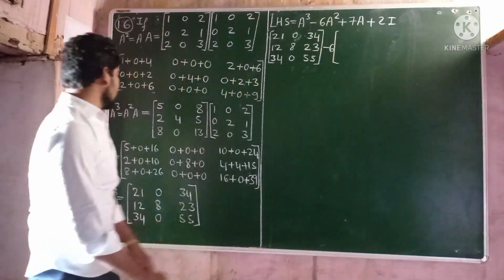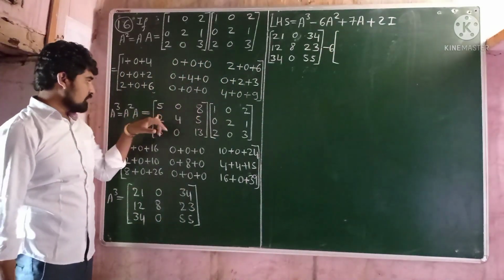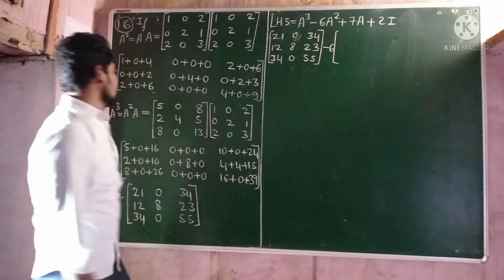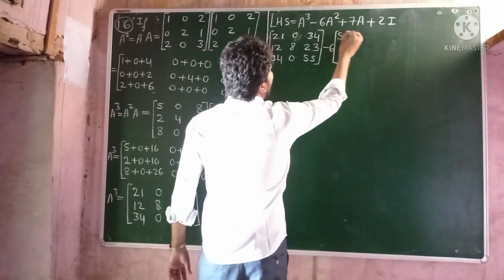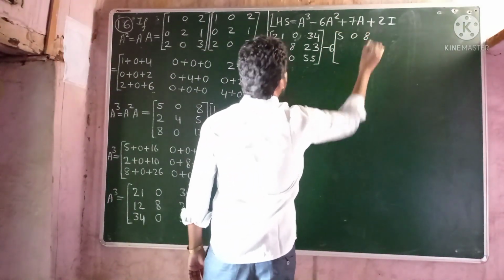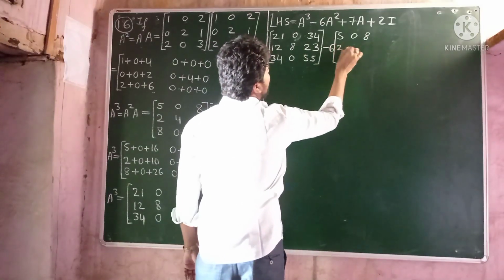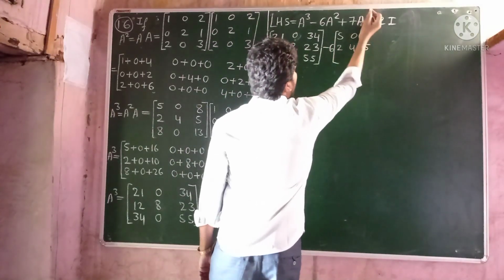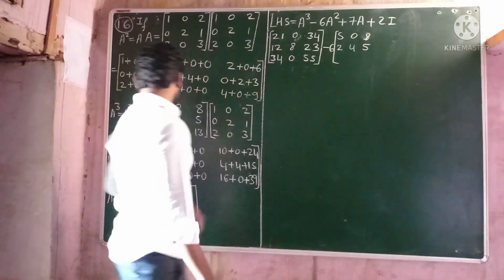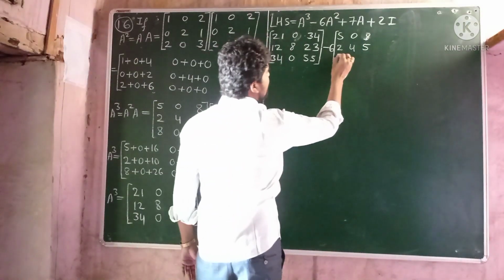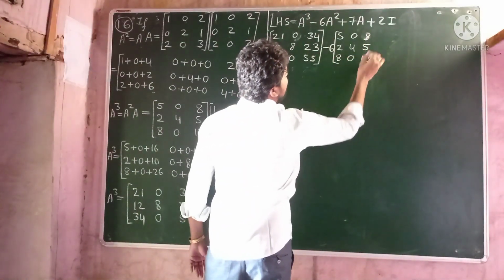A square is given by 5, 0, 8, 2, 4, 5, 8, 0, 13.